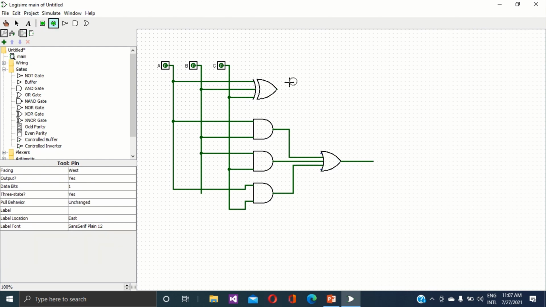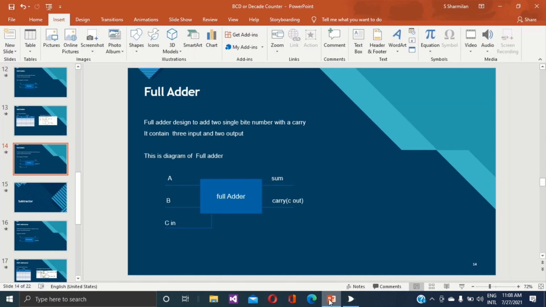Here I will get 2 outputs. Now I am going to label these. This is output S. This output is carry. Now I am going to check our truth table.